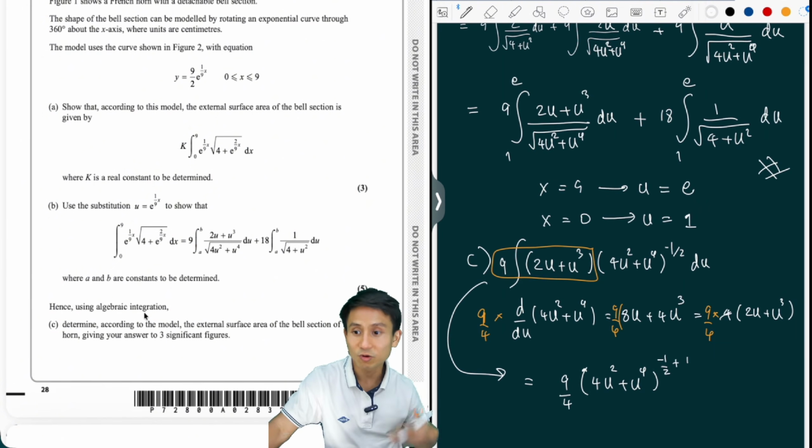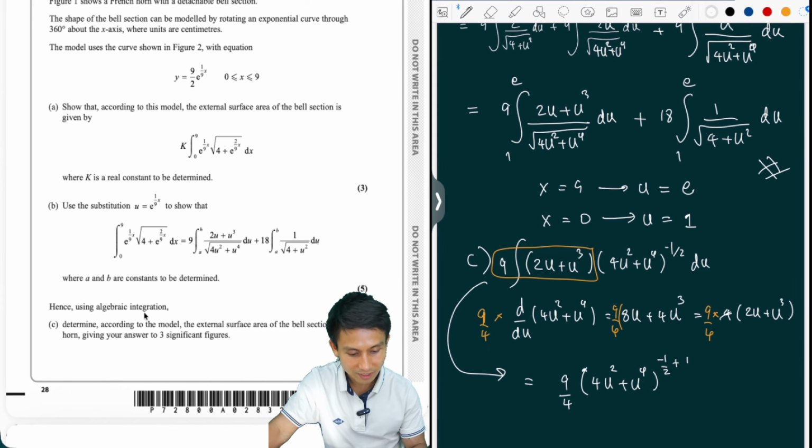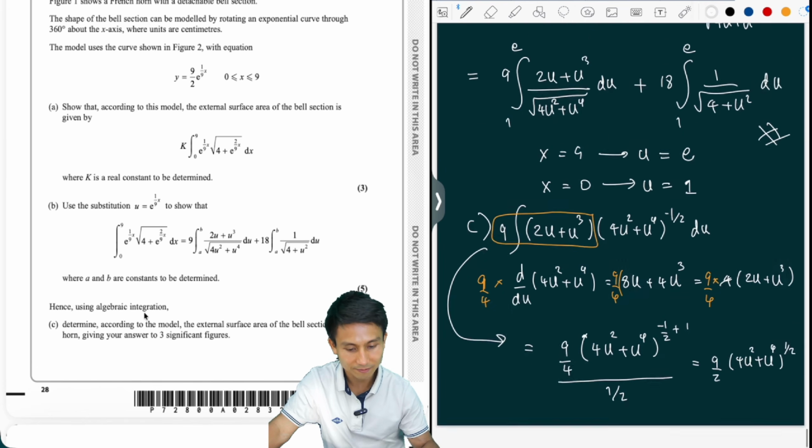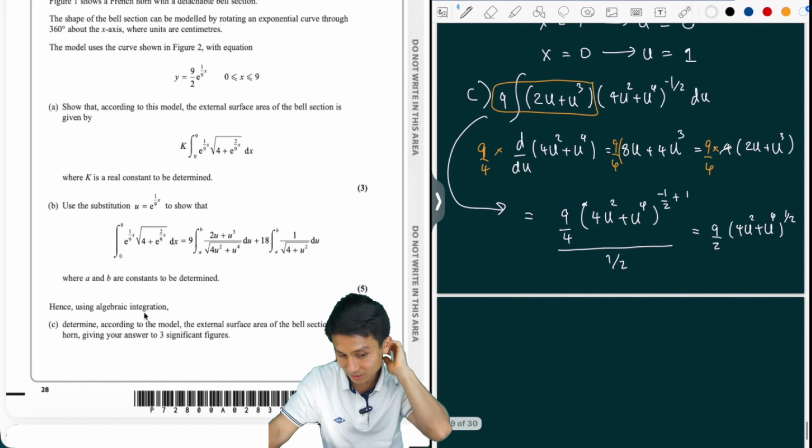It's almost like a reverse power rule. And we divide by 1/2. So all that integral will be 9 over 2, (4u squared plus u to the 4) to the power of 1/2. That's just the first bit.